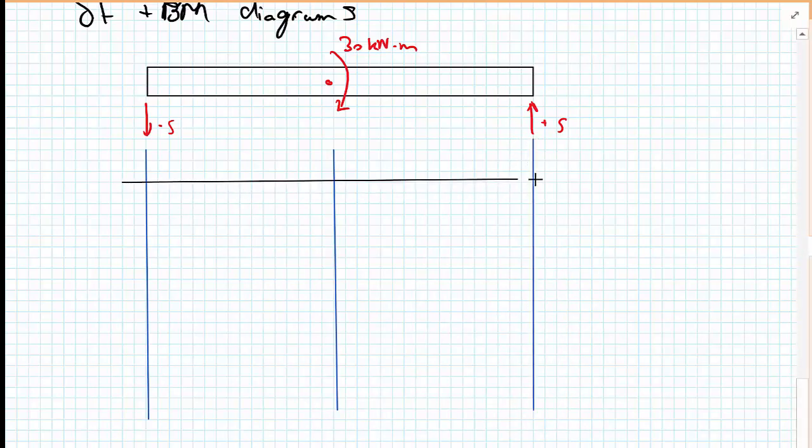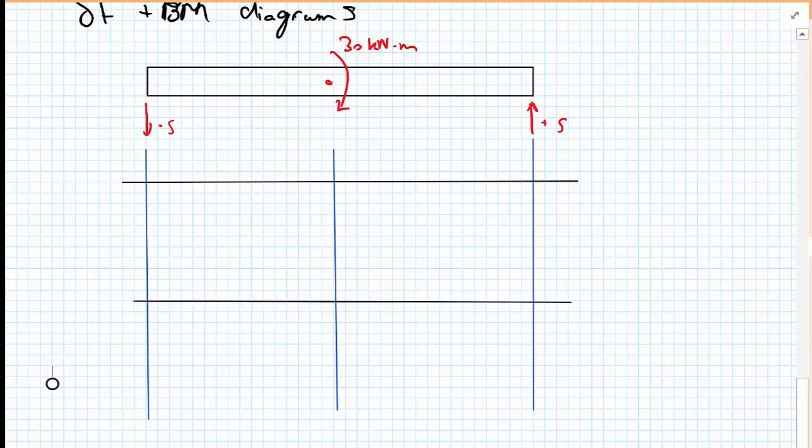And let's put some x-axes in place. So for the shear force and for the bending moment, so this is x in meters, x in meters. For the shear force diagram, going up as positive, so that's V over x in kilonewtons.